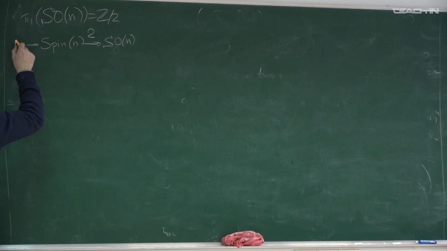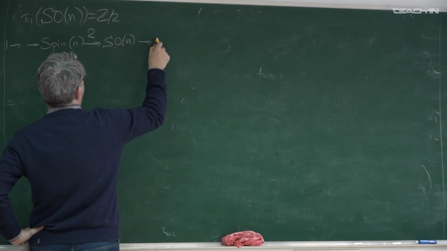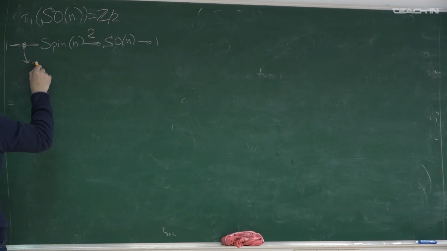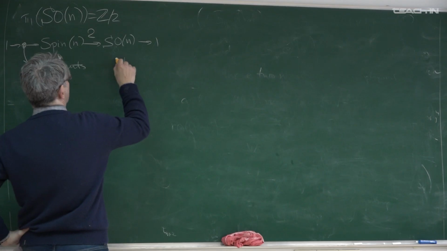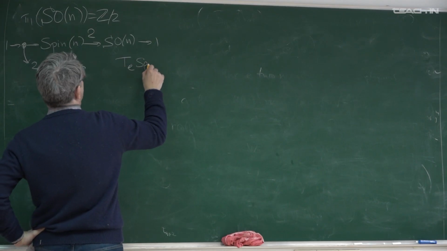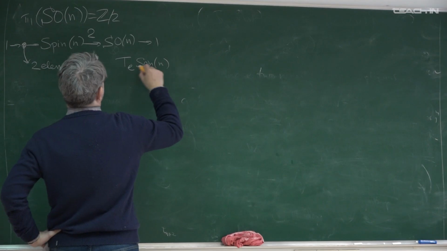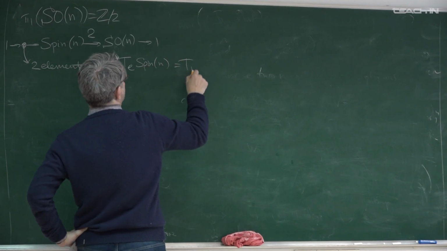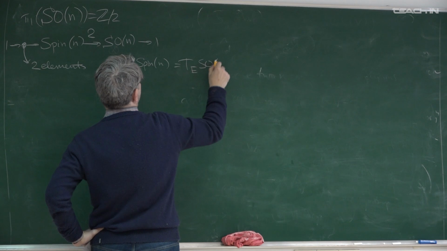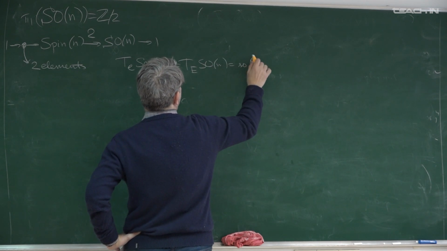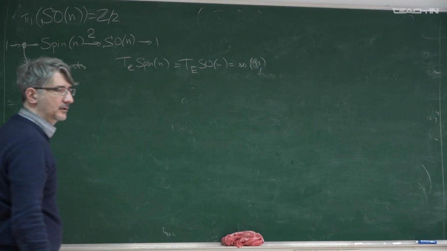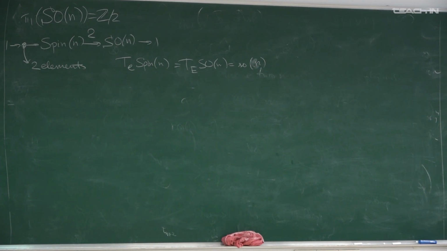So there's some kernel, two elements. They have the same Lie algebra, so the tangent algebra at the unit is the same as the tangent algebra at the unit of SO n. It's just skew-symmetric matrices.